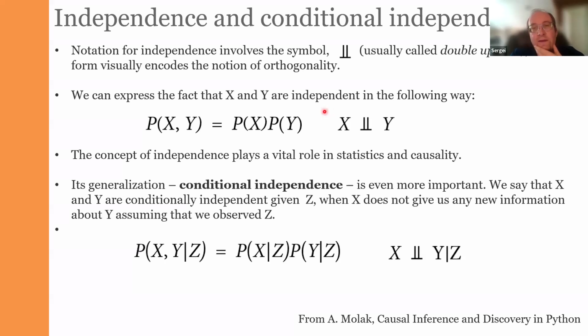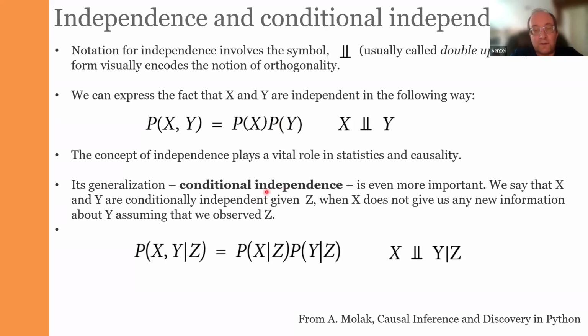Now, what are other things that are good to know? One thing that's important to know is called independence. Independence is very easy to define statistically: if the probability of two phenomena happening simultaneously is equal to the product of their probabilities to occur independently, that means that they're independent.